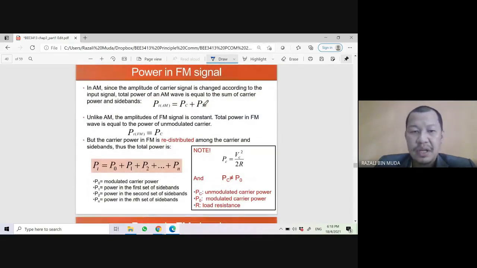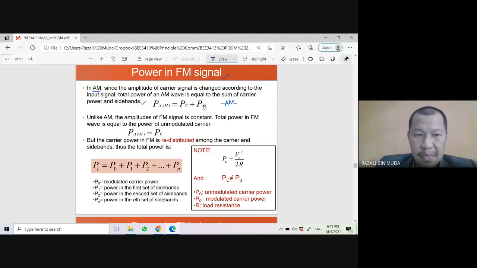So now we are discussing power in an FM signal. Power in AM, in the previous chapter 2, amplitude modulation: since the amplitude of the carrier is changed according to the input signal in AM, the total power of the AM wave is equal to the sum of carrier power and sidebands.